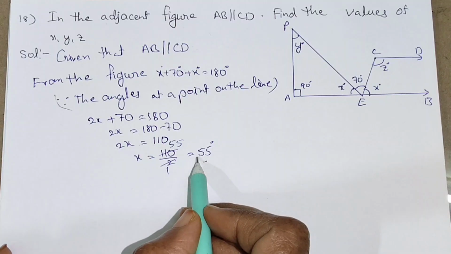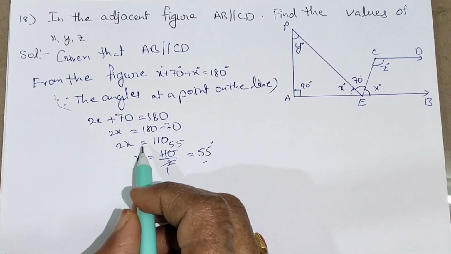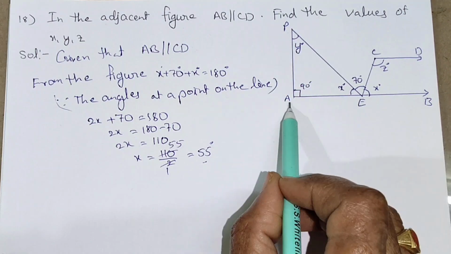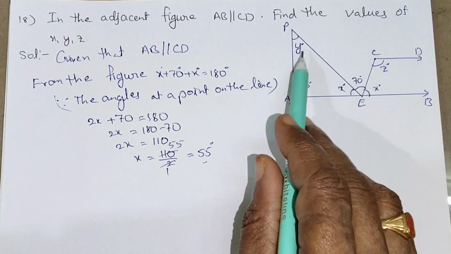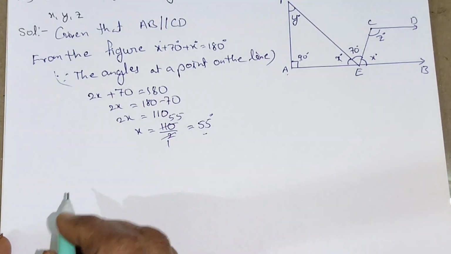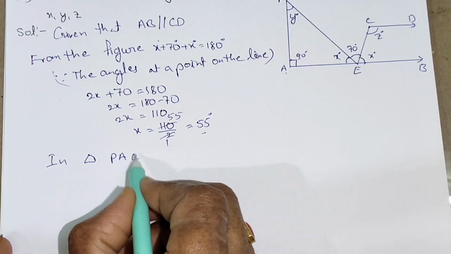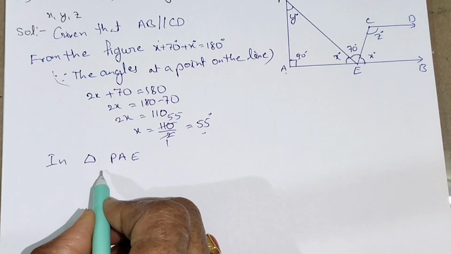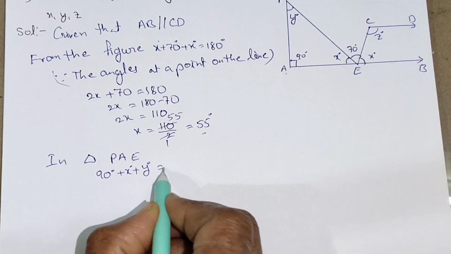Next, PAE is a triangle. Here one angle is 90 degrees. We know the x value, so we find the y value. In triangle PAE, the three angles are 90 degrees plus x plus y is equal to 180.